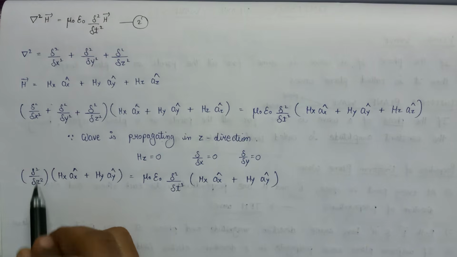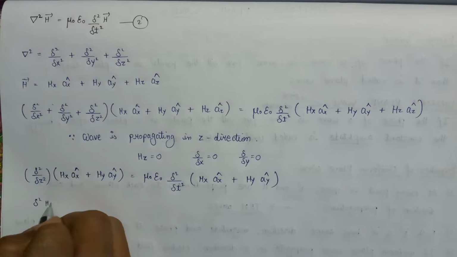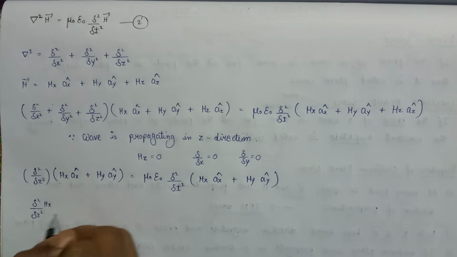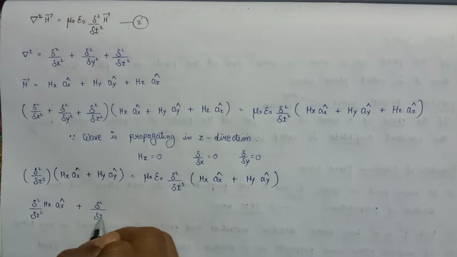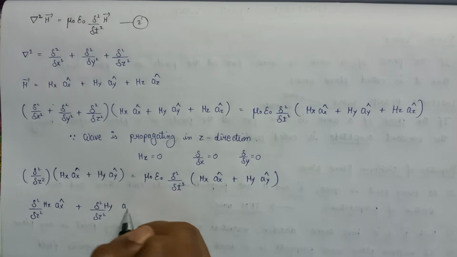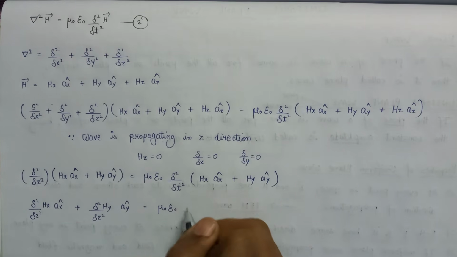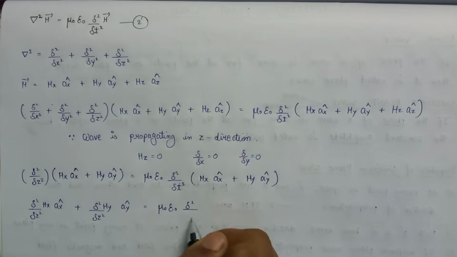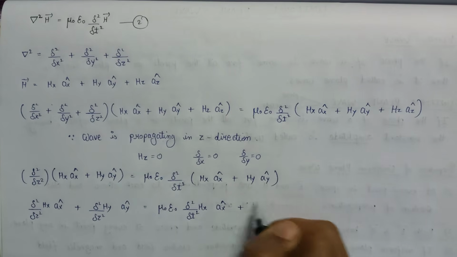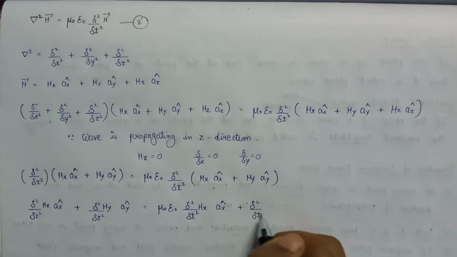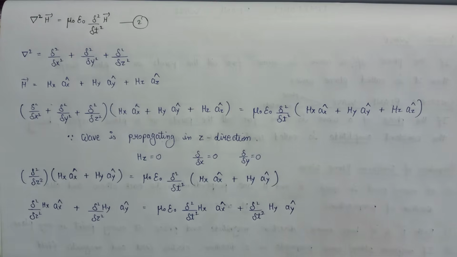Now on taking this del 2 over del z square inside the bracket, we get del 2 Hx over del z square Ax cap plus del 2 over del z square Hy Ay cap is equal to mu 0 epsilon 0 del 2 over del t square of Hx Ax cap plus del 2 over del t square of Hy Ay cap.